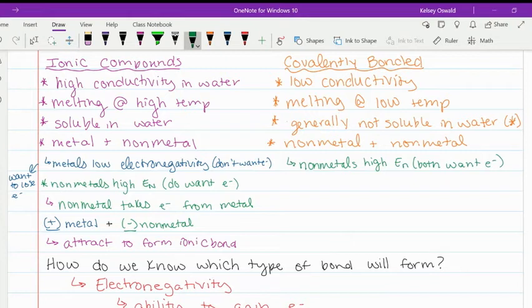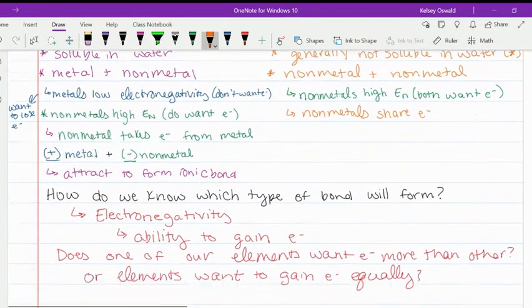Since they both want that electron, they're going to compromise and share it. Where in ionic bonds we have a transfer of electrons to make everyone happy, in our covalently bonded compounds they both have a high electronegativity and both want to gain an electron, so they're going to share.